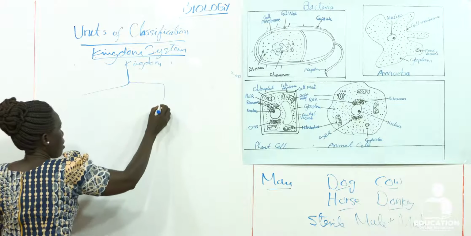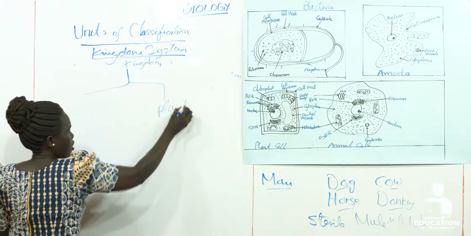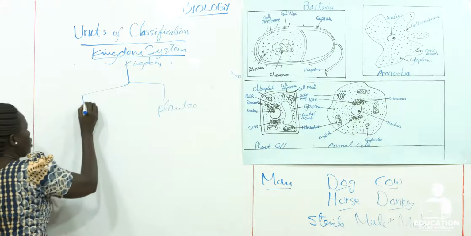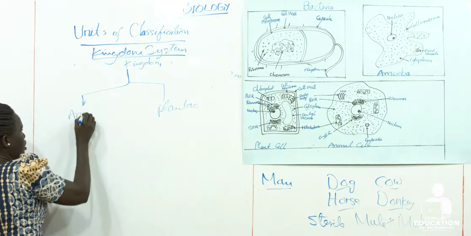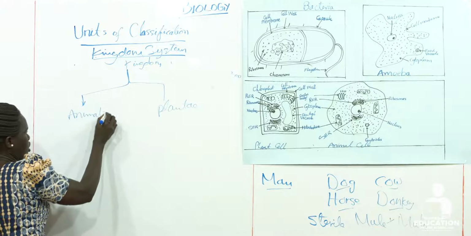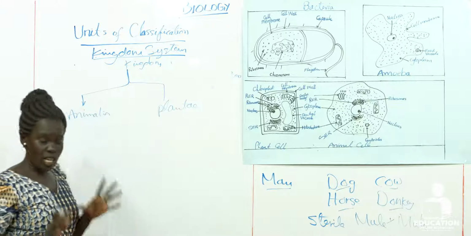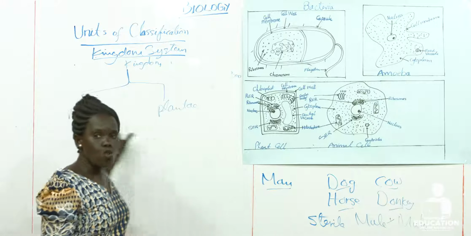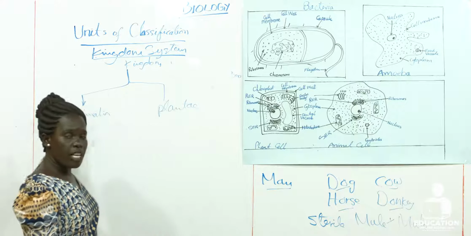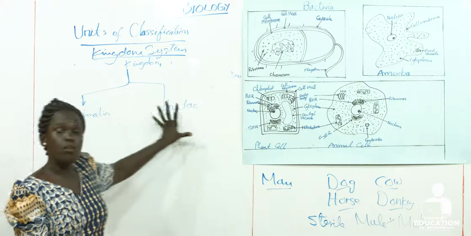Two kingdoms, Plantae and Animalia. All living organisms were grouped into two kingdoms. Kingdom Animalia and Kingdom Plantae.